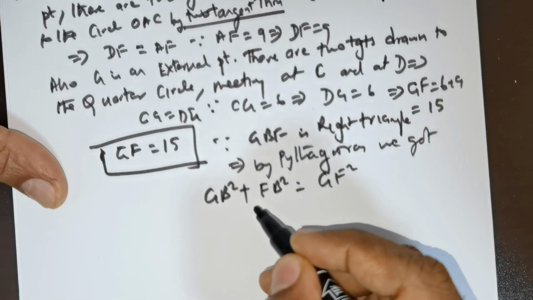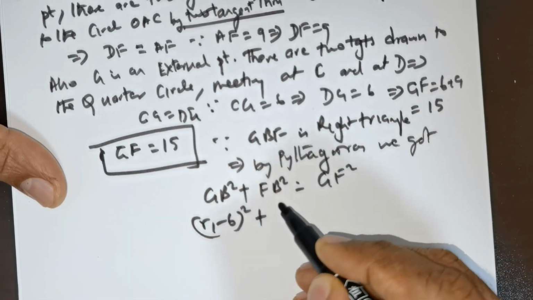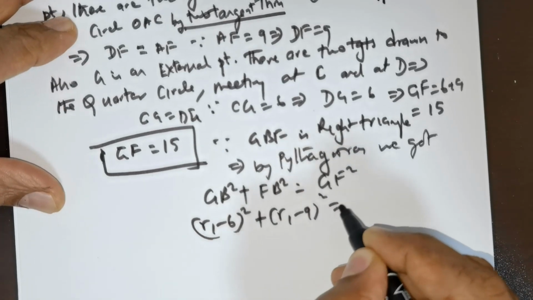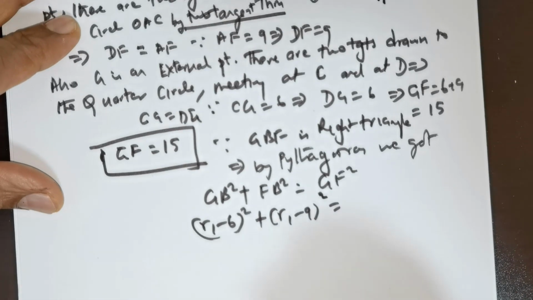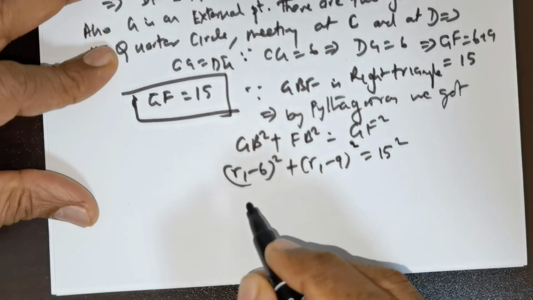So GB, what is GB? (R1 minus 6) whole squared plus FB, what is FB? (R1 minus 9) whole squared. What is GF? 15 units. That's going to be 15 squared. So expand this.